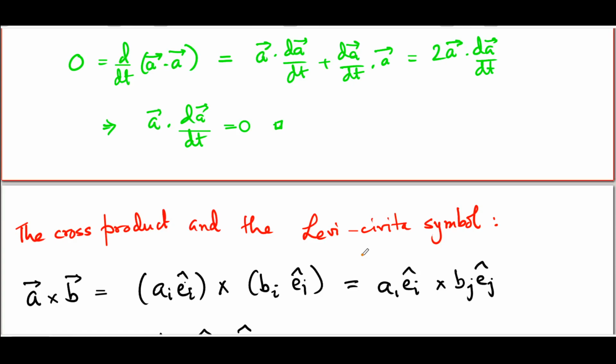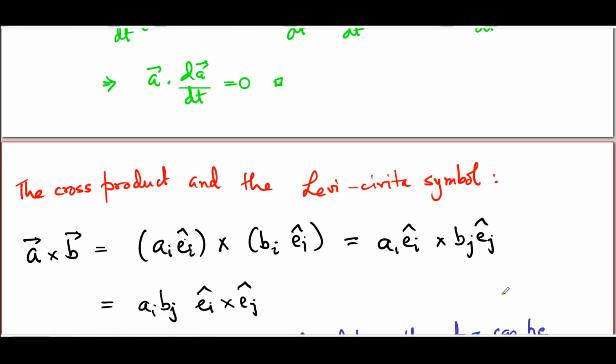And once again, before you remove the brackets, you have to be careful to change the dummy index. So this really is a_i e_i cross b_j e_j. And using the fact that the cross product distributes over summations, and without even having to mention that, the summation convention allows you to write that as a_i b_j e_i cross e_j.